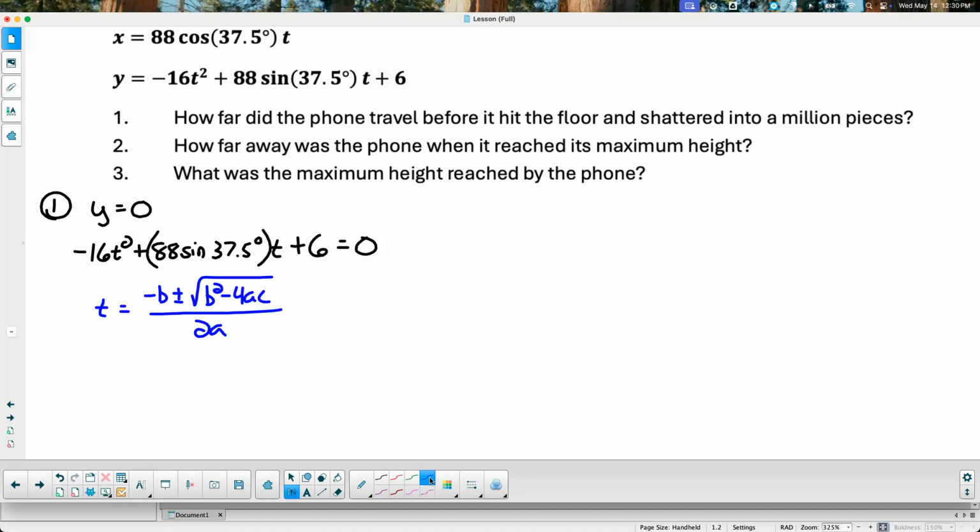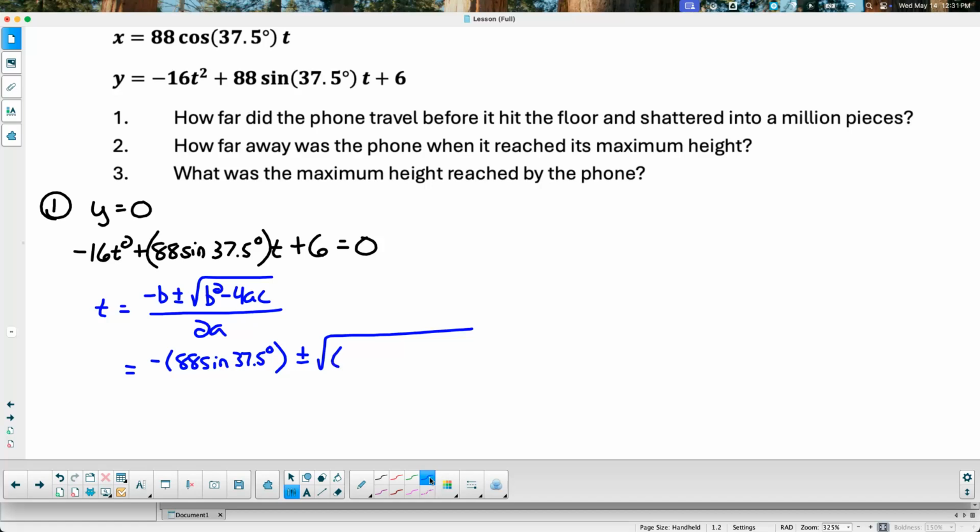Okay? So my b value is negative of 88 sine of 37.5 degrees. That's my negative b, plus or minus big square root.